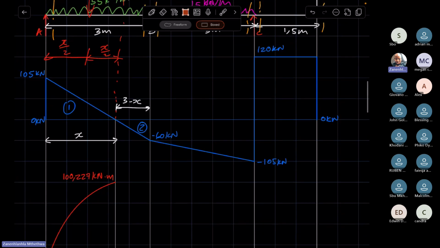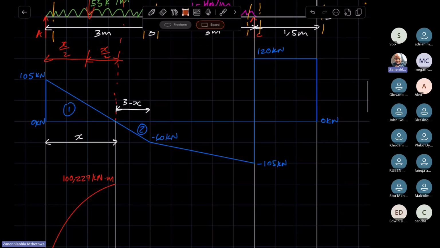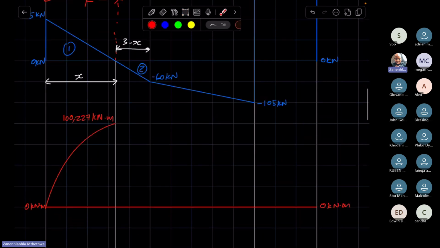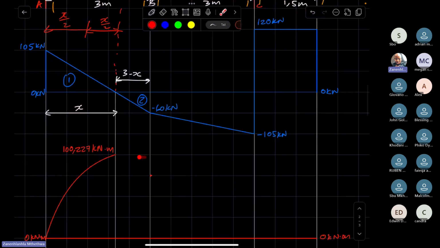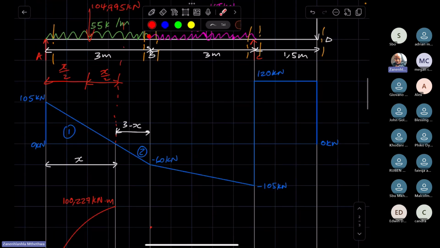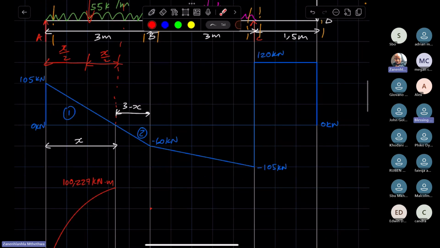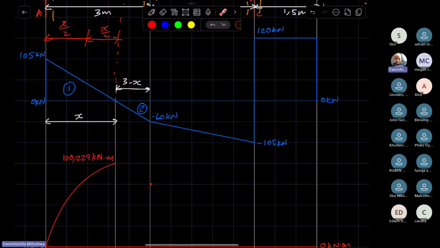Now at point B, the bending moment is 67,5, which is lower than this. So say that point is here. Because in this span of the beam we still have a UDL, we have to show that by still representing this as parabolic.